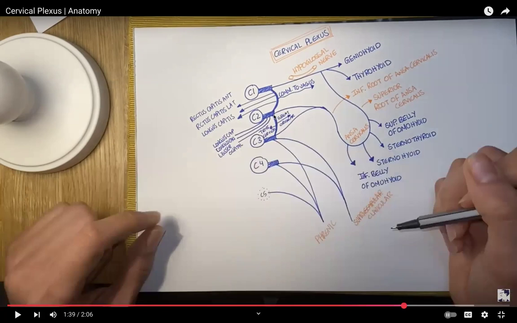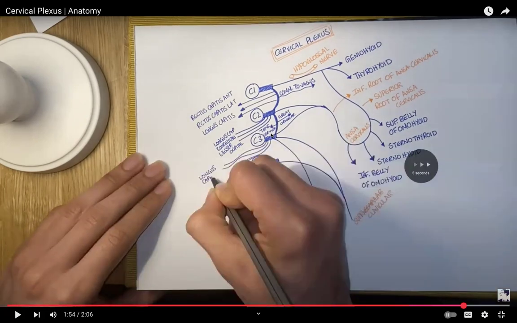Now we go again to the communicating branch between C2 and C3, two comes out. Greater auricular and transverse cervical. Next, we go to C3.